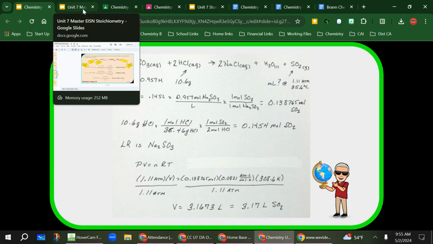Here's a trick you could do. Oxygen is in every one of these compounds, right? So in other words, you don't have to count it up.